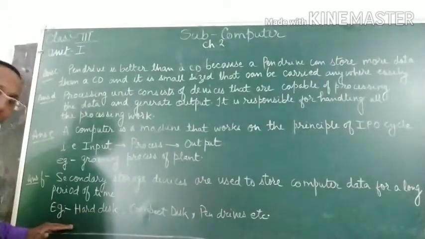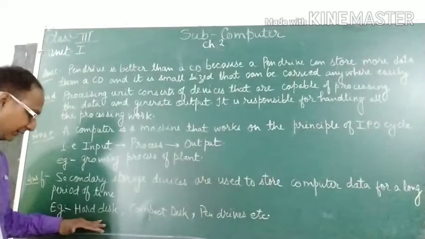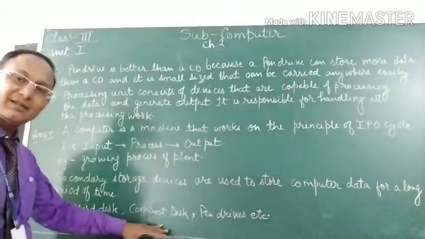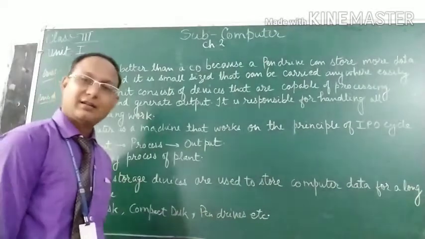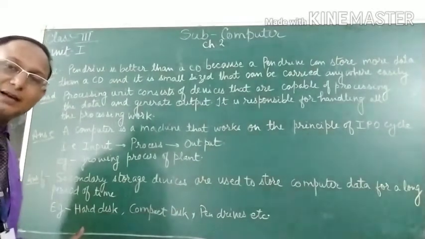And what are examples? Examples I have written here. You can read it. Hard disk, compact disk (CD), pen drives, etc. These are the three examples of secondary storage devices.